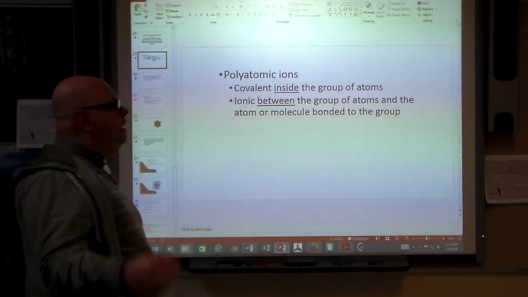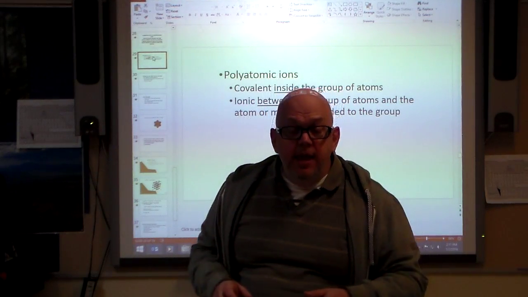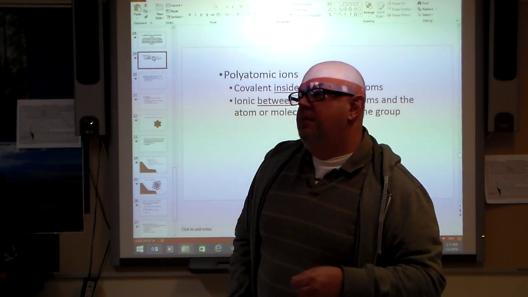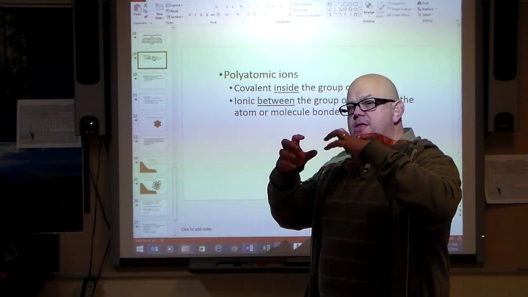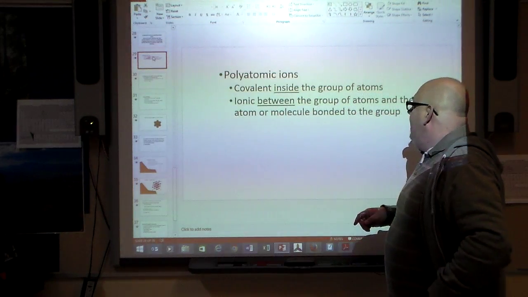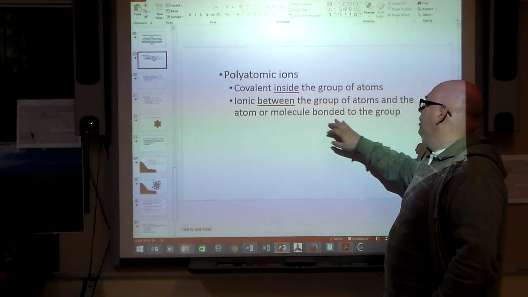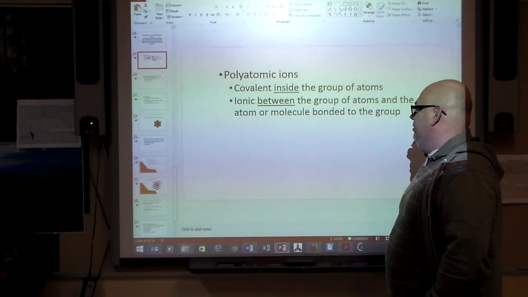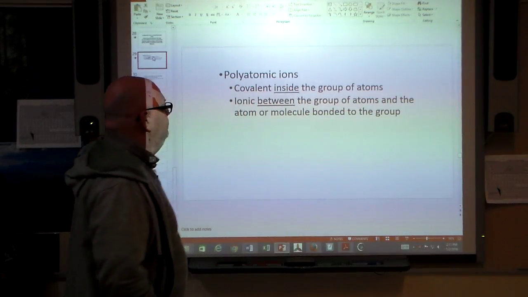Inside the group of atoms in a polyatomic ion, like SO3, that would be a polyatomic ion example, the bonds between the sulfur and the oxygen are covalent, okay? Now, it's ionic between the group of atoms and the atom or molecule bonded to the group. It's a little bit different.